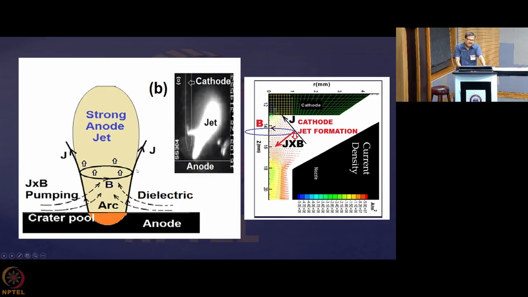The radial components will cancel each other, because this force is all over the periphery, and for each component moving in one direction, there is exactly a similar component from the other side which will cancel. So there will be a net upward thrust, and that will physically make the plasma move upward.